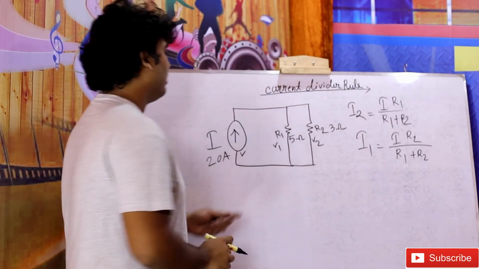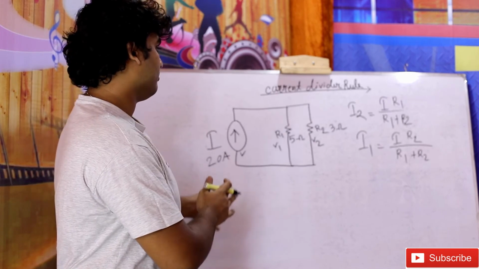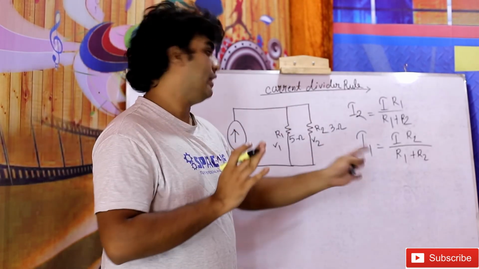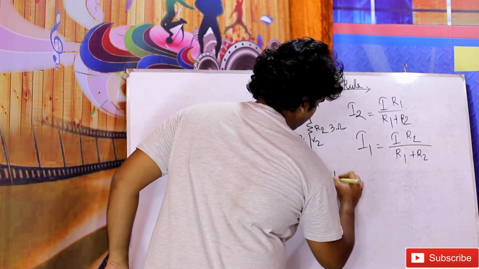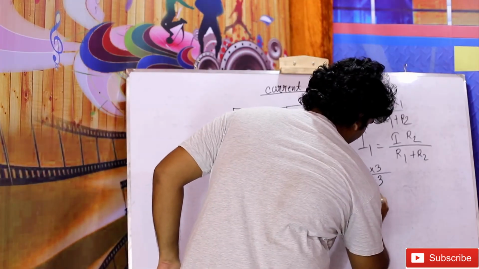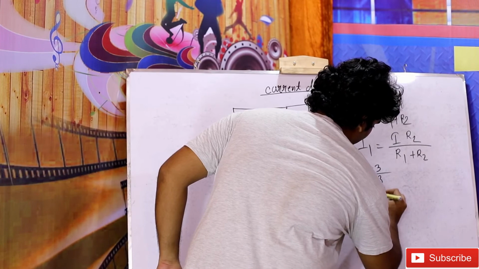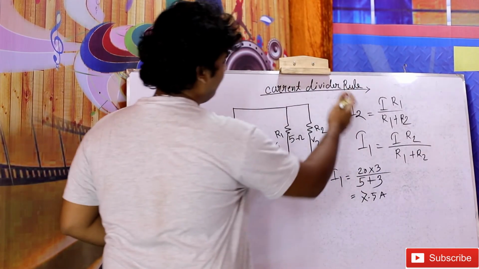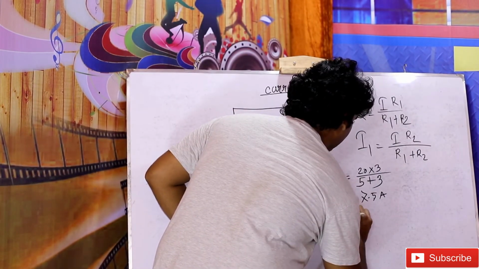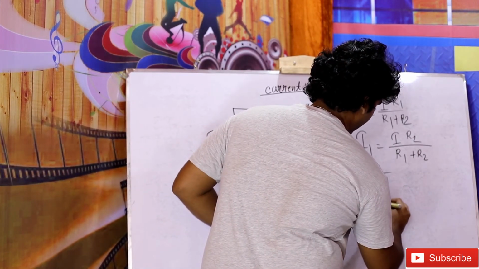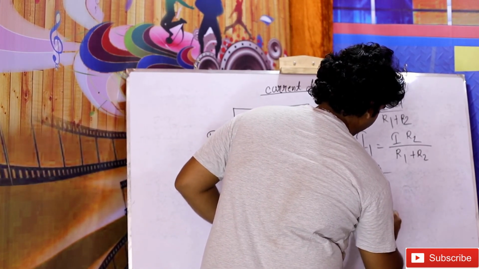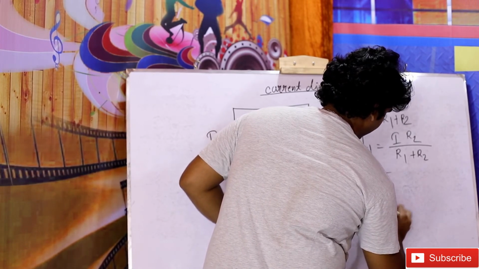So what do we get for the I1 and I2 equations? For I1, the value will be 7.5 ampere. Similarly for I2, we can write I2 equal to 20 into 5 divided by 5 plus 3.